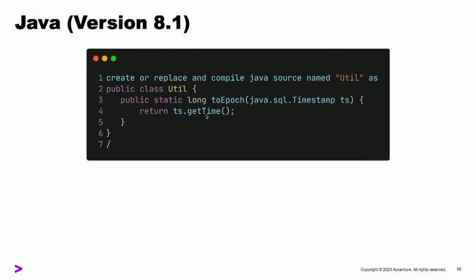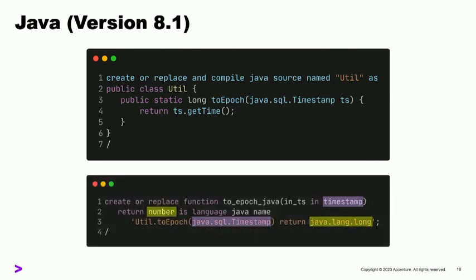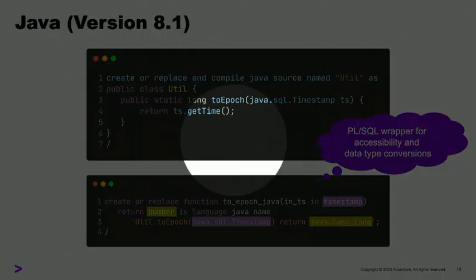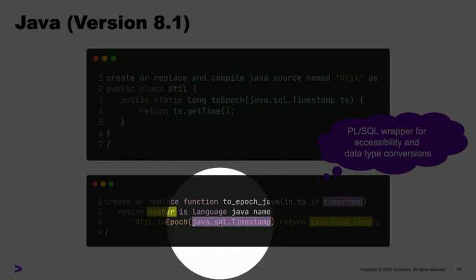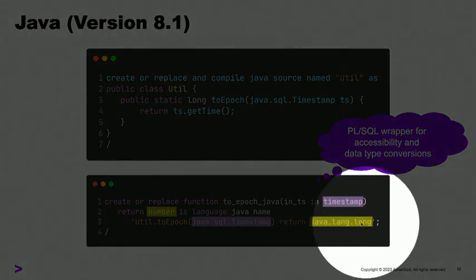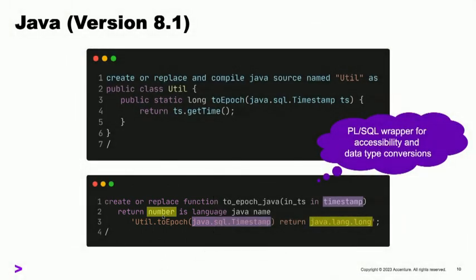So I can use that. The syntax requires also that you have a wrapper. It's called the call specification, and I have to define, my input timestamp will be converted to Java SQL timestamp. I have a lot of options. I can convert it to date, to various types. And my result is a long, and this will be converted to a number. I have to define that.